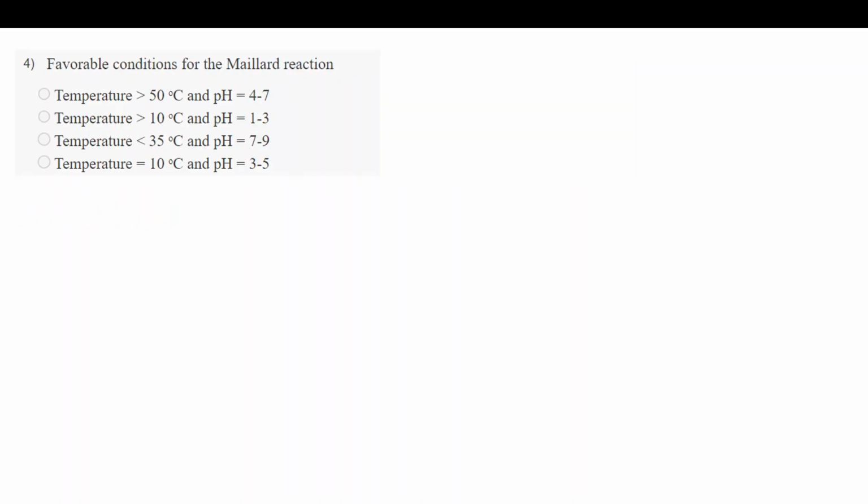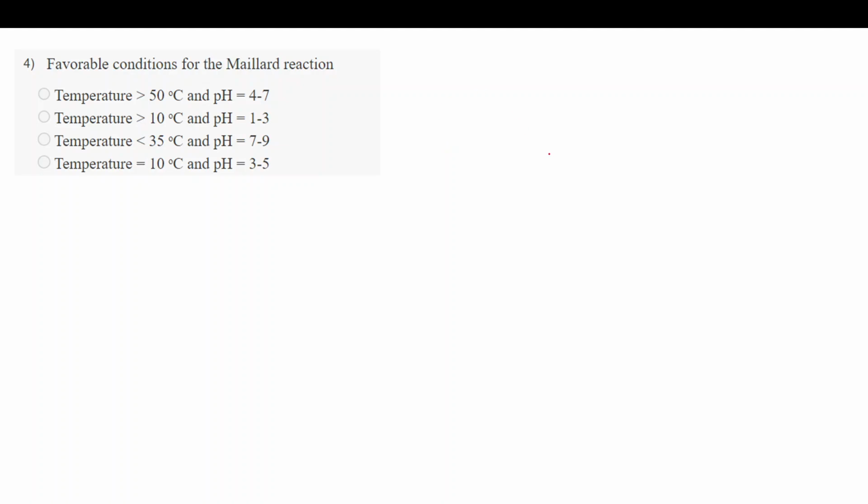Next is, favorable condition for Maillard reaction is dash. Now we have seen during ethanol synthesis that there could be some side reactions also taking place depending on the prevailing conditions of a reaction.